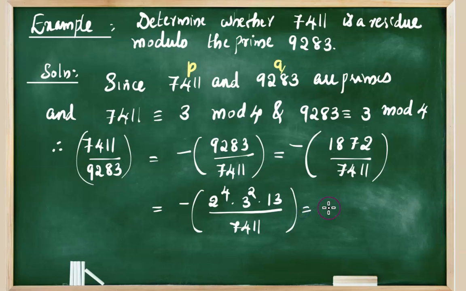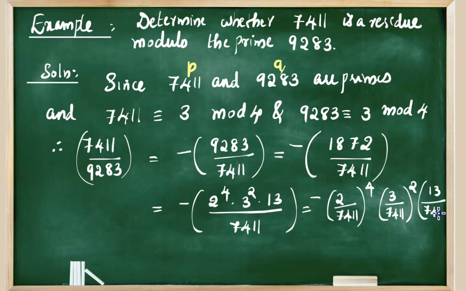When we apply the properties of Legendre symbol here, we will be obtaining Legendre symbol 2 by 7411 raised to 4 into Legendre symbol 3 by 7411 raised to 2 into Legendre symbol 13 by 7411.